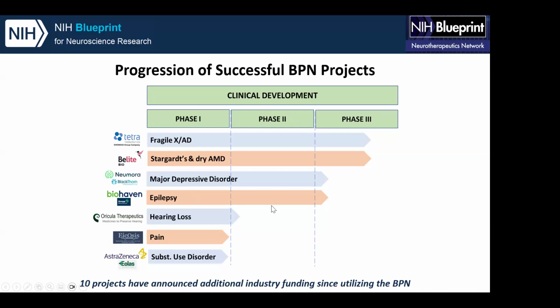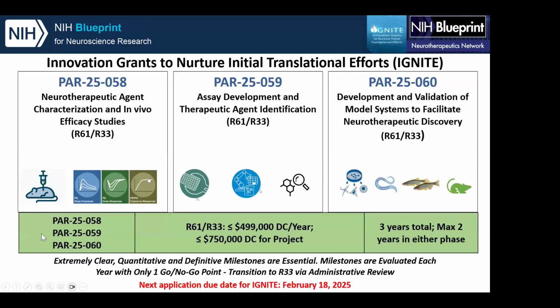We have other projects in phase 2 and 1, and we're moving all projects forward. At least 10 of these projects have announced additional industry funding since utilizing the BPN, which is a substantial percentage of projects started with BPN. If you don't have all the preliminary data you need, there is a program in NINDS's world.